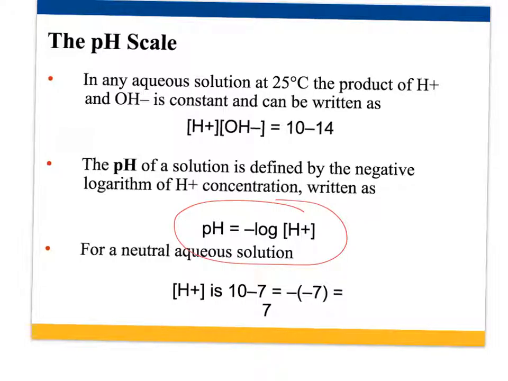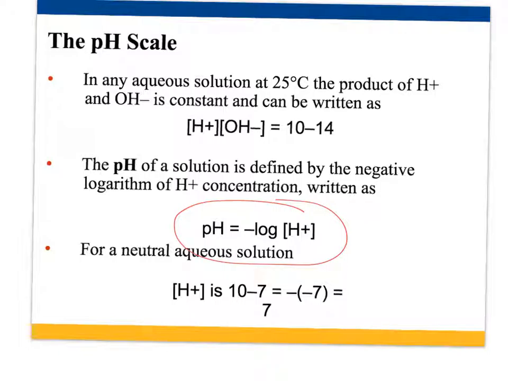But understanding that above 7 is basic and below 7 is acidic, and that this is a 10 times scale. This is a logarithmic scale. What does a log function do in math? It breaks everything down by the base 10.